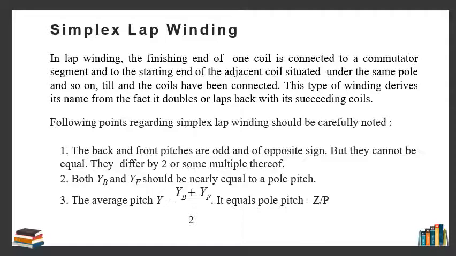Number 2. Both back pitch and front pitch should be nearly equal to a pole pitch. Number 3. The average pitch Y is equal to (front pitch plus back pitch) divided by 2. It is equal to the pole pitch, equal to Z by P.